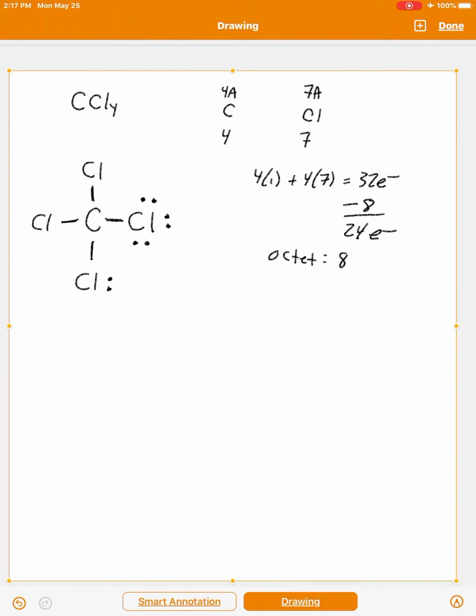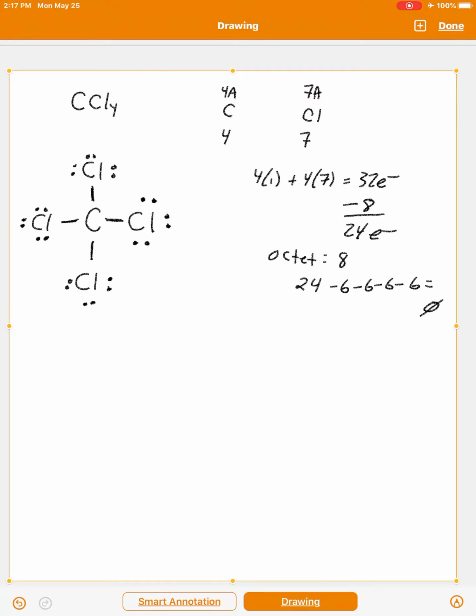Do the next one. You just keep putting electrons on each surrounding atom until the surrounding atoms are completed or you run out of electrons. Every time I put 6, I lose 6 from our 24. So 24 minus 6, minus 6, minus 6, minus 6, 4 chlorine atoms. We're out of electrons.